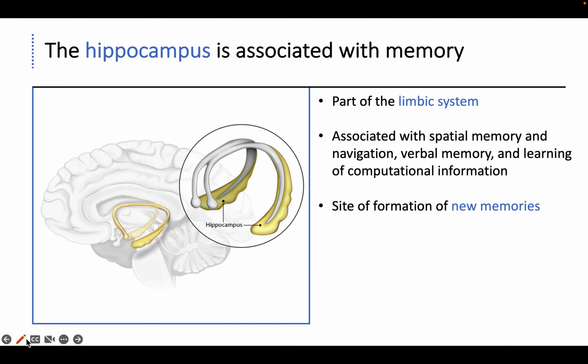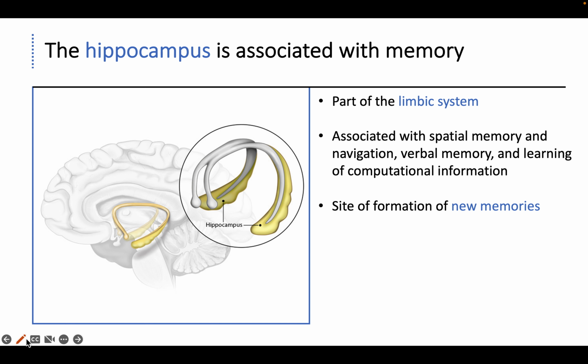All right. So the last structure here that we'll talk about is something known as the hippocampus. So the hippocampus is part of our limbic system, or our kind of emotional brain or emotional system. And this has to do with lots of memory information. So spatial memory, so knowing and identifying and remembering the location of things. Verbal memory, learning and computational information, as well as where we store new memories.